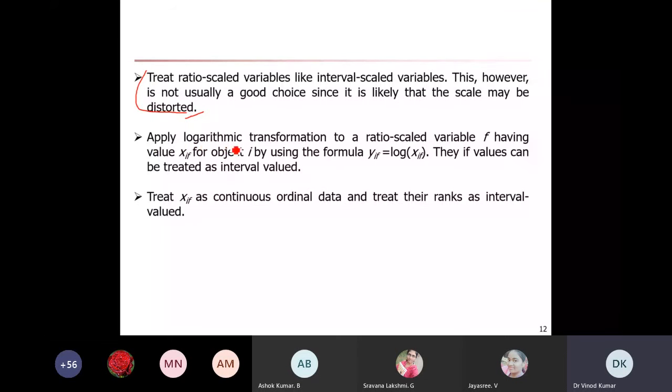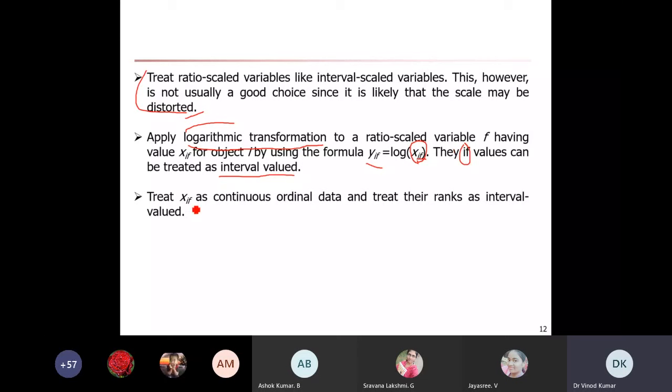Second, apply logarithmic transformations to the ratio scaled variables. We can convert the ratio scaled variable into the logarithmic form using the formula yif equals log xif, meaning whatever value is there for that particular variable is converted by the log transformation. Here if is the indexing, and now you can treat it as an interval value after the logarithmic transformation.